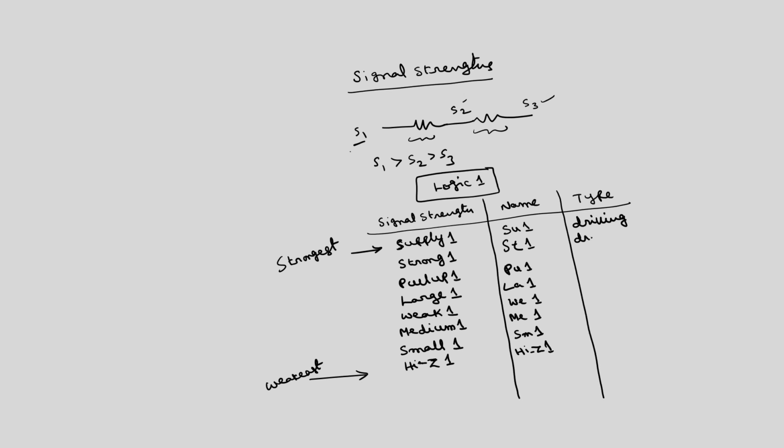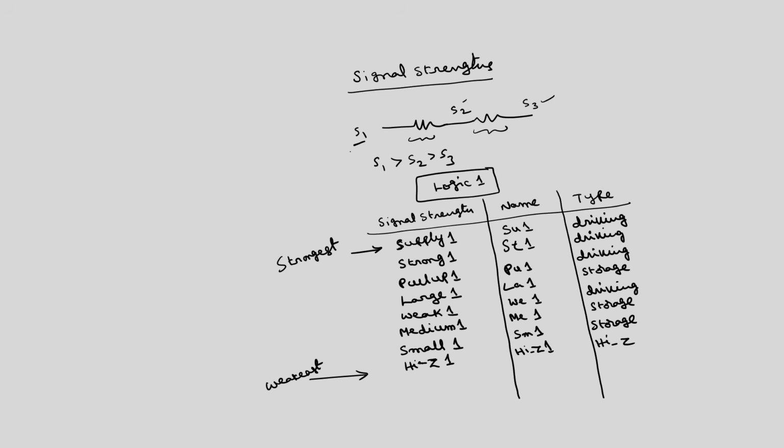This also you can use for driving. This you can use for storage. This is for driving. This is storage, this is storage, and this is high impedance. High impedance is just floating.